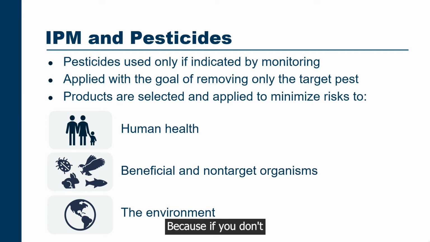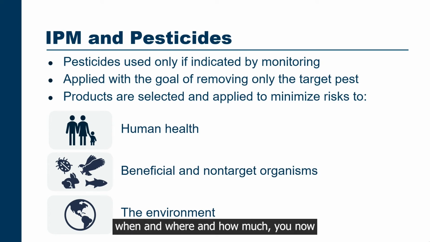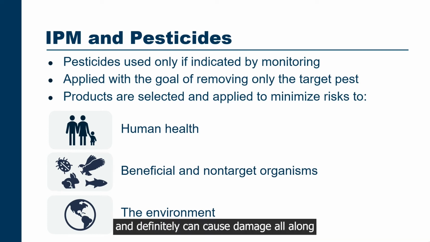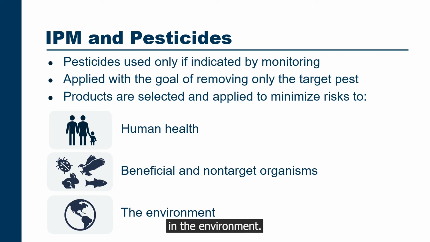Because if you don't choose the right product, if you don't apply it the correct way, when and where and how much, you now have a pesticide that has become a free agent, free to harm human health, free to harm beneficial and non-target organisms, and definitely can cause damage all along the spectrum of anywhere in the environment. So we are very careful.